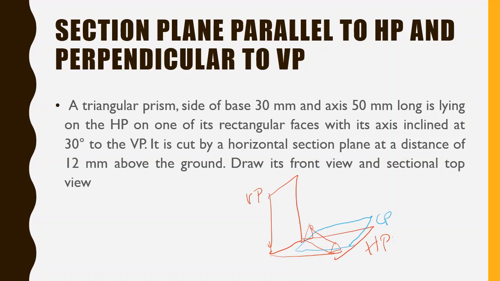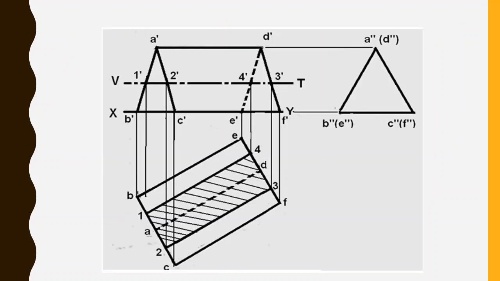So what should be the case? In this case your cutting plane should be introduced only on the front view. So let us see this case. Here your cutting plane VT is introduced on the front view, and I have mentioned to you the angle of tilting, 30 degrees, and we are initially drawing the equilateral triangle at the beginning, and you are setting up the height of the triangle, and then you are drawing the rectangular box for your reference, and then you are projecting the prism, and after drawing the prism you are drawing the cutting plane.